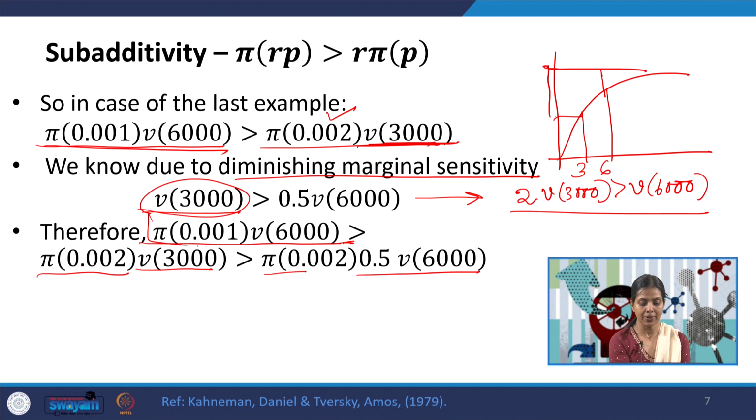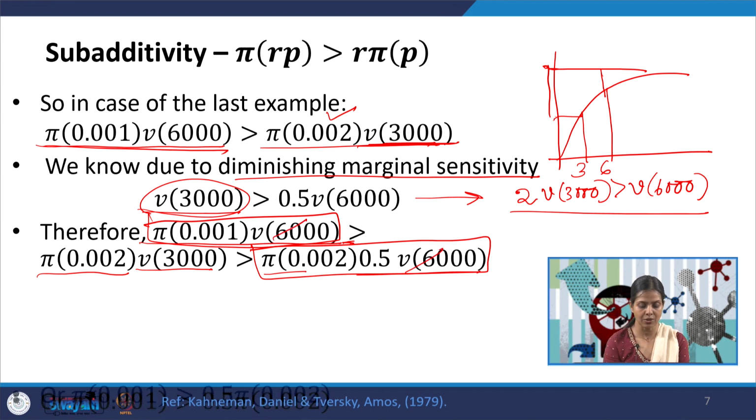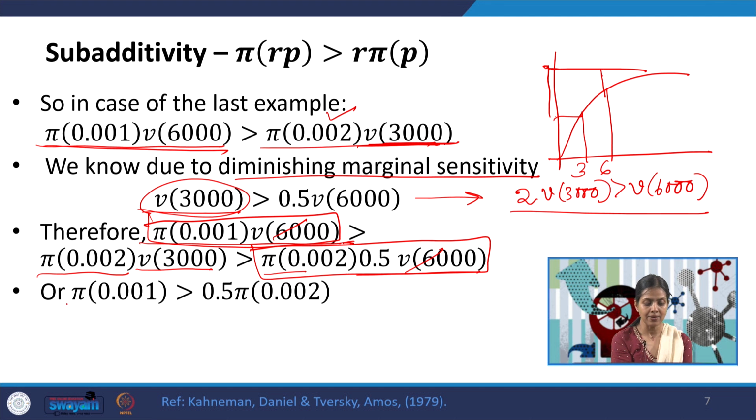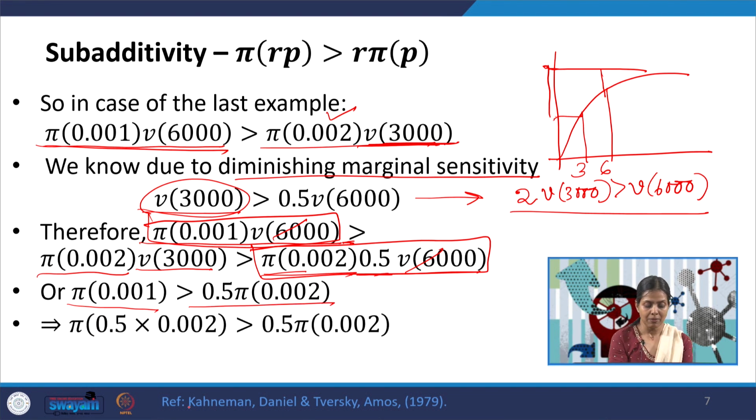If I now compare only this expression with this expression, then you can see that we can always cancel out V(6000), and then this implies pi(0.001) is greater than 0.5 pi(0.002), which also implies that this 0.001 can be written as 0.5 multiplied by 0.002, and the right hand side remains as it is.